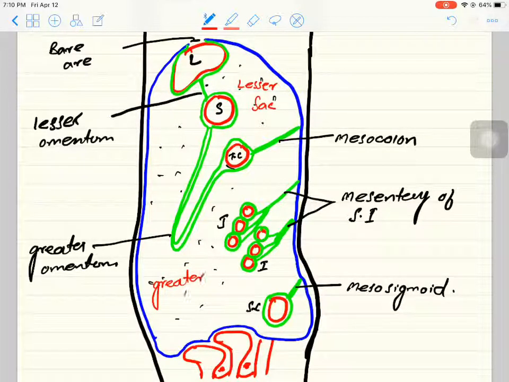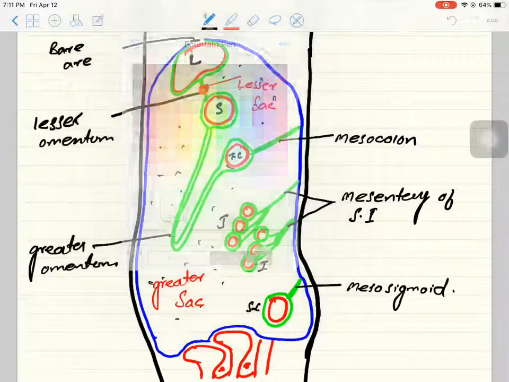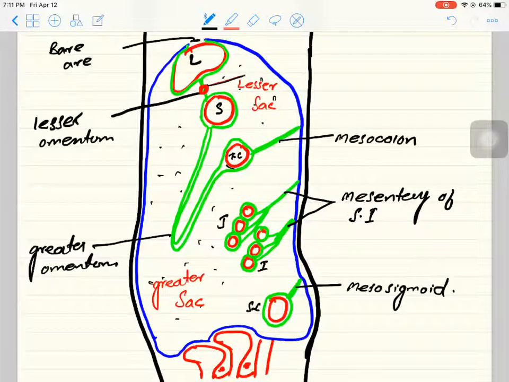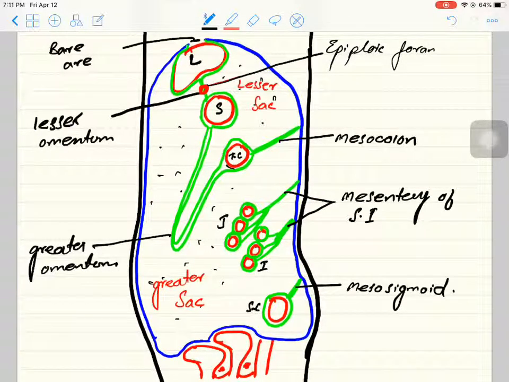In between the lesser sac and greater sac there is a small foramen, and this foramen is called the epiploic foramen. Through this foramen we can enter from the greater sac to the lesser sac.